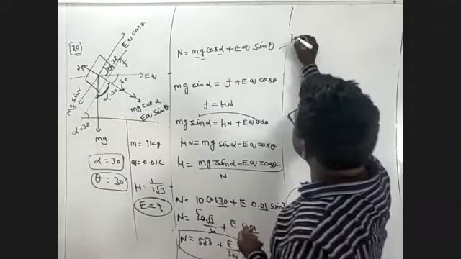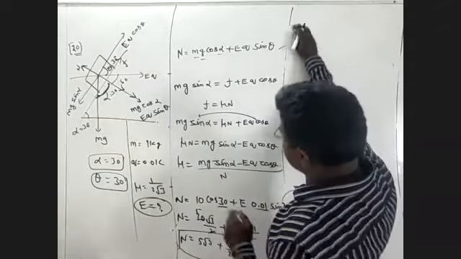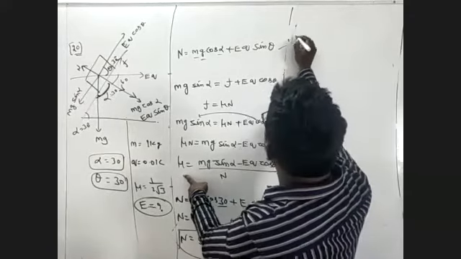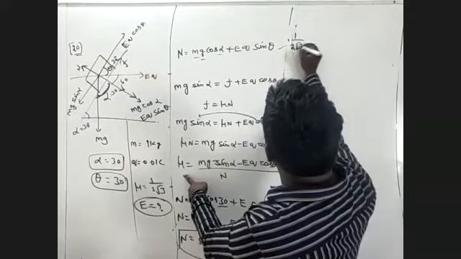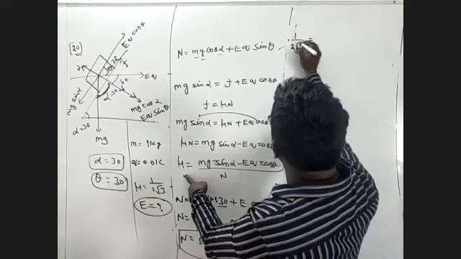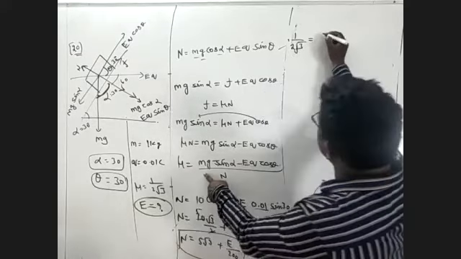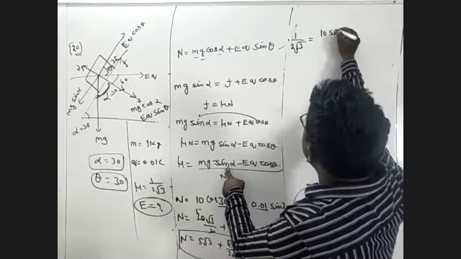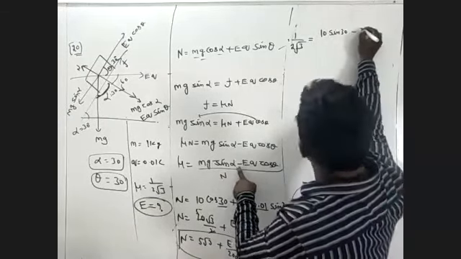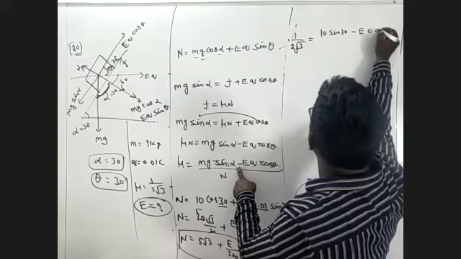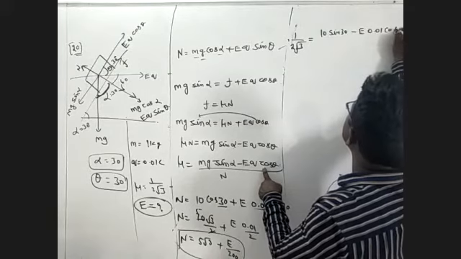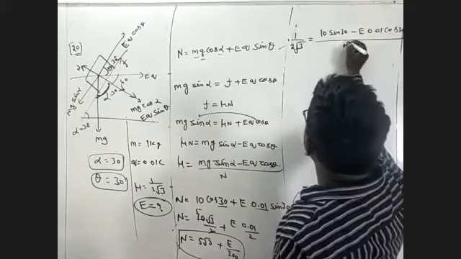Next, mu is equal to 1 by 2 root 3. Mu is equal to m g sin 30 minus E q cos 30, where m is 1, g is 10, sin 30 is 1 by 2, minus E which we don't know, q is 0.01, and cos 30 is root 3 by 2.